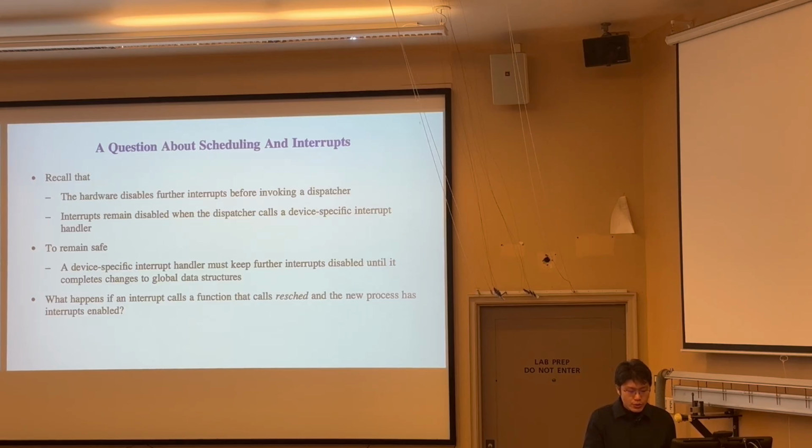To remain safe, a device-specific interrupt handler keeps further interrupts disabled until it completes changes to global data structures. So one thing that's tricky: what happens if an interrupt handler calls a function that calls reset and the new process has interrupts enabled?